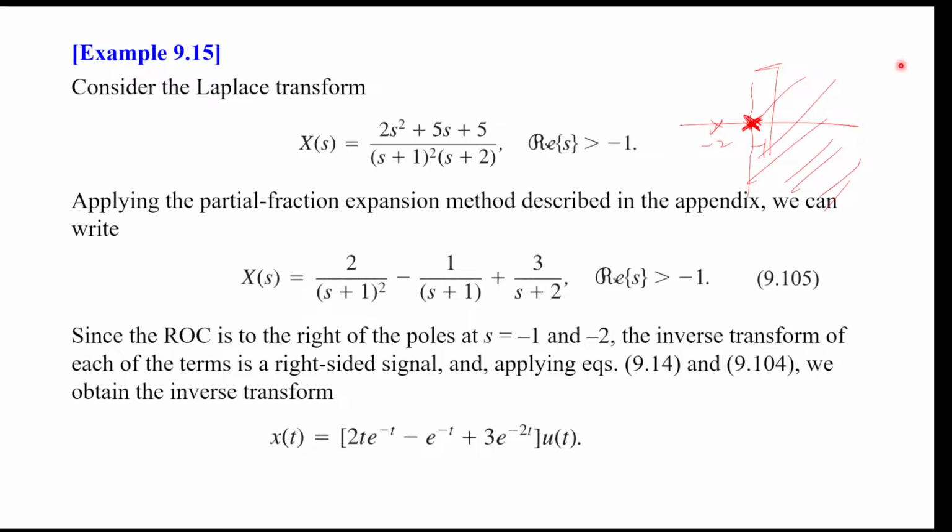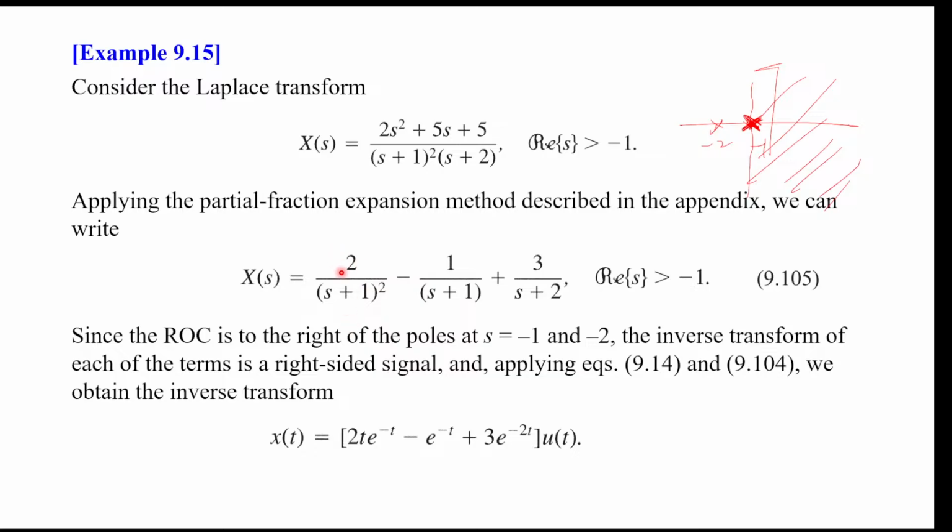And now, we are in a very good case. So the ROC is to the right of all 3 terms. So we can use the right-sided inverse Laplace transform for all 3 terms. And so the inverse Laplace transform gives the 3 exponential decay terms. But the first term has second order, so you get the t here.